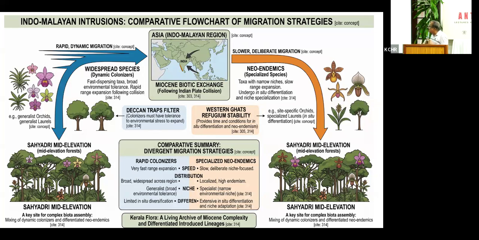This has become a major repository of species in the Western Ghats, in the peninsular region, in the southern Western Ghats. So speciation as well as endemism increased manifold due to the process that happened during the Miocene biotic exchange period.